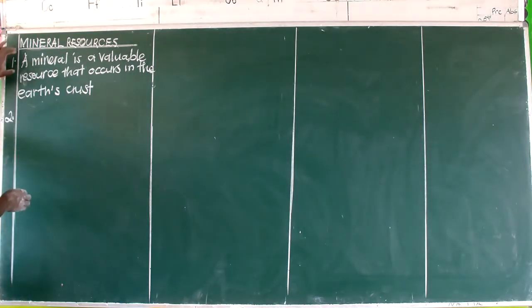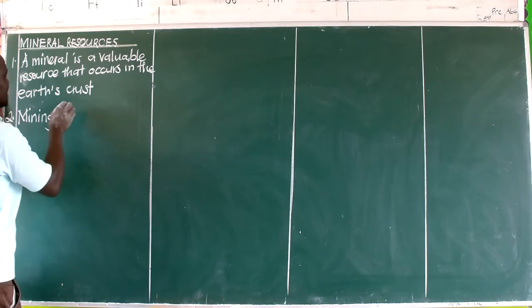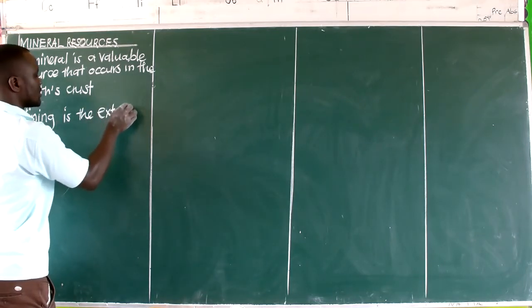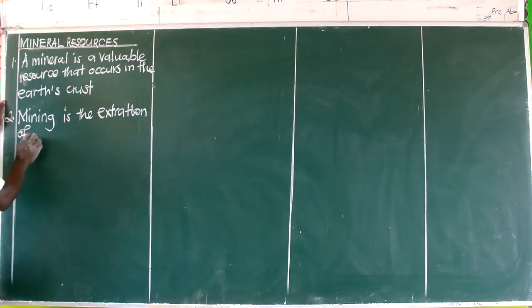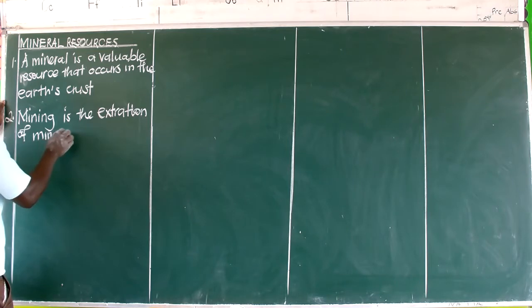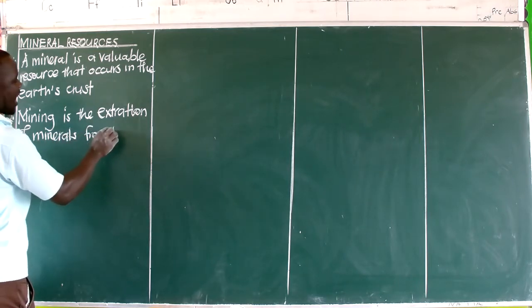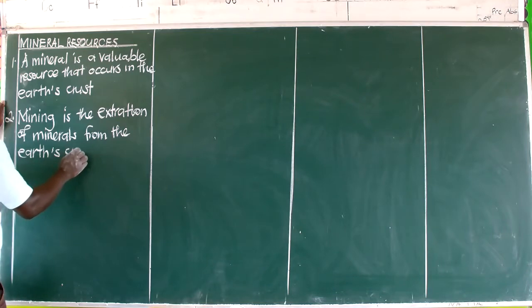So the second term we are having here under minerals is mining. Now, what is mining? We shall be saying mining is the extraction of minerals from the earth's crust.